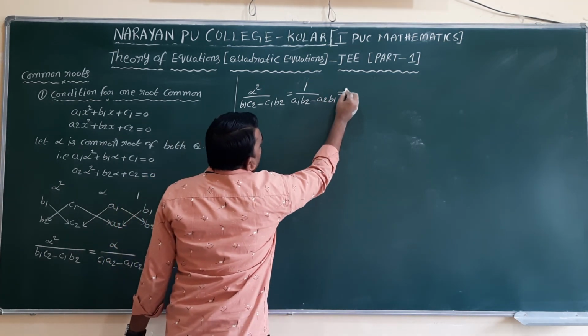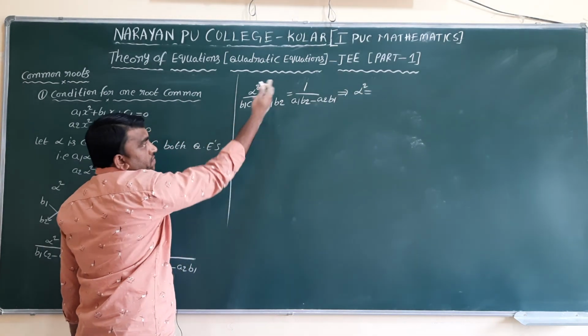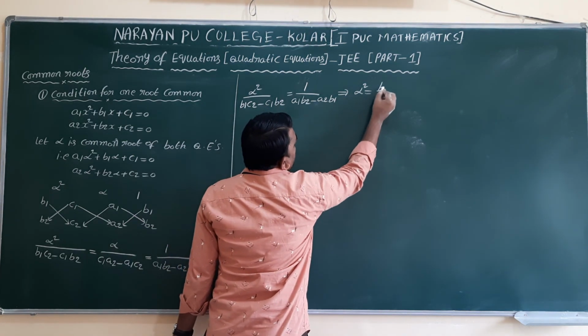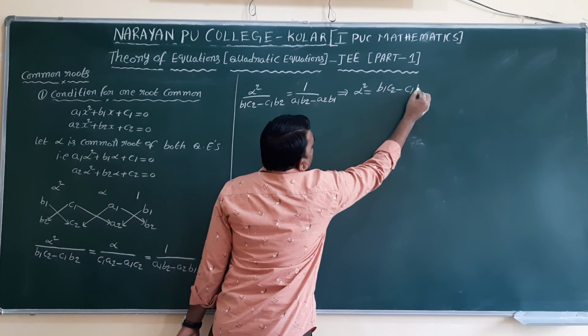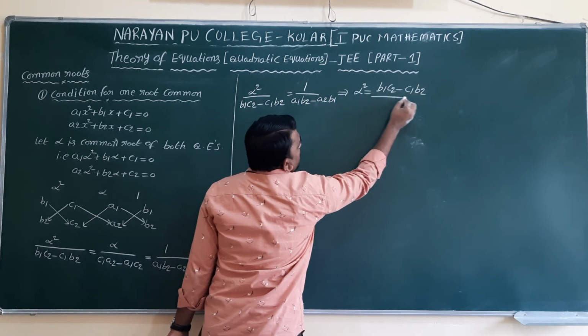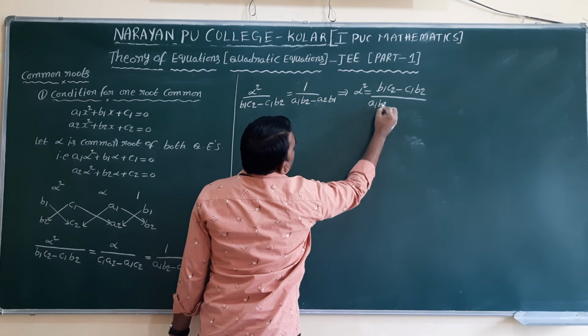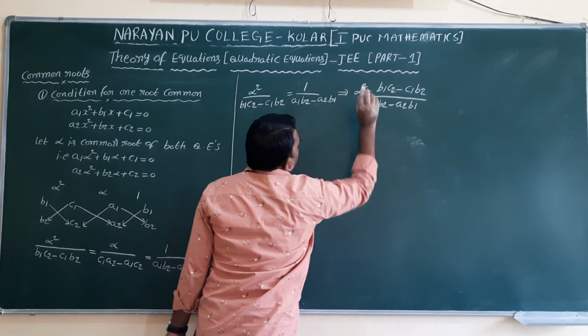This implies what is alpha square? This denominator value will go to the right side. Then we get the alpha square value: b1 c2 minus c1 b2 divided by a1 b2 minus a2 b1. That is the alpha square value.